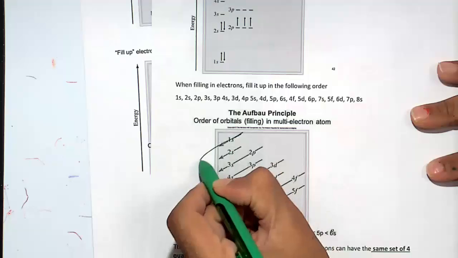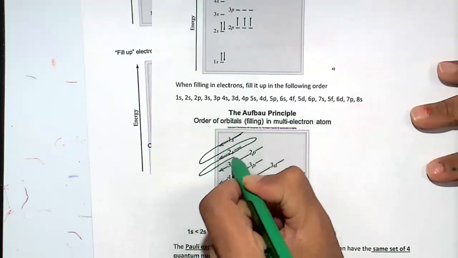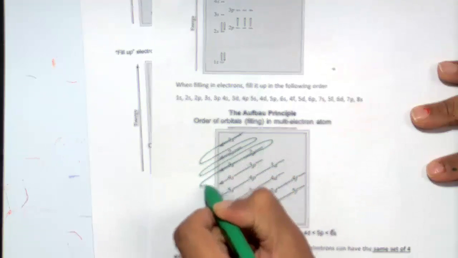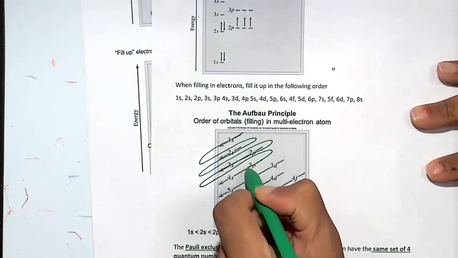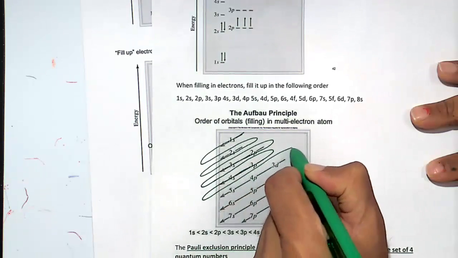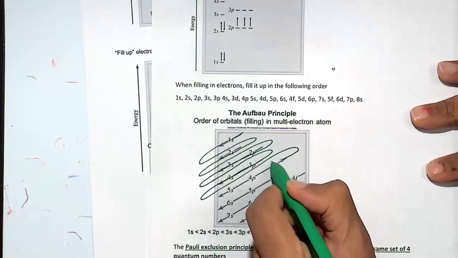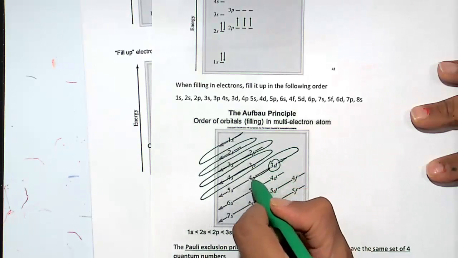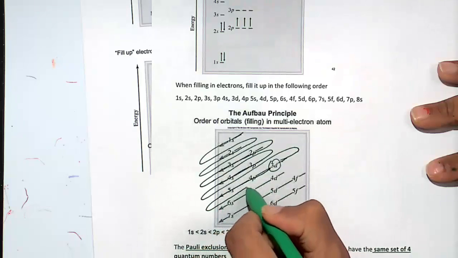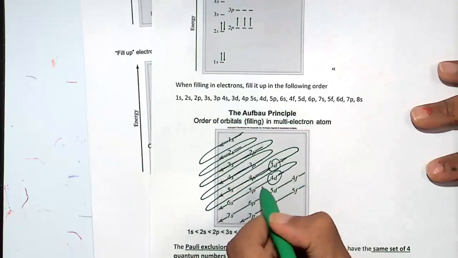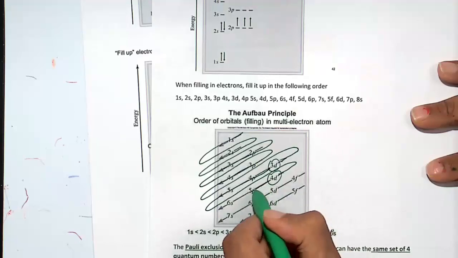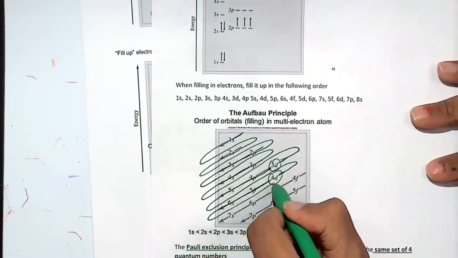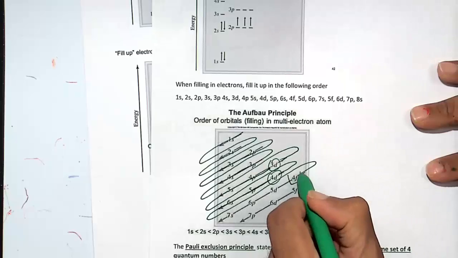Okay, so 1s, then 2s, then 2p, 3s, and then 3p, and then 4s. What happens after 4s? Where do we go? Transition metal 3d, then 4p, 5s. What happens after 5s? 4d, then 5p, 6s. What happens after 6s? 4f.